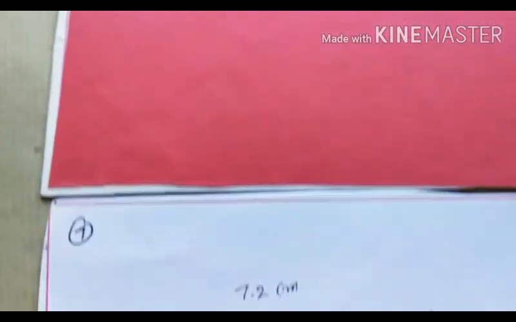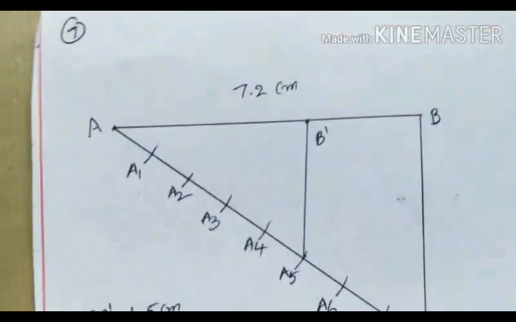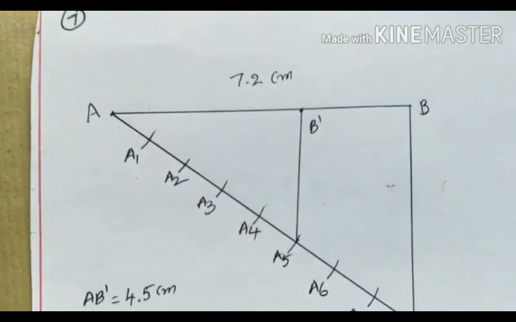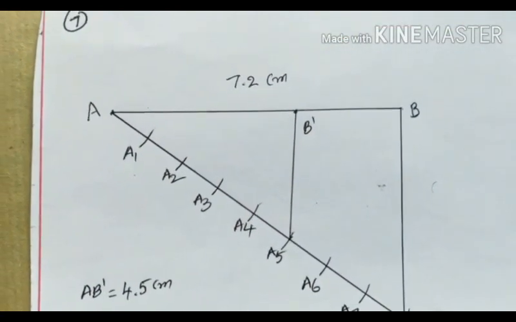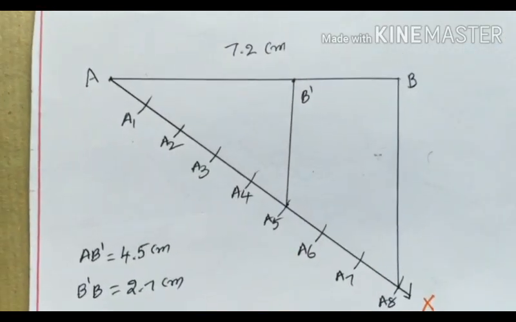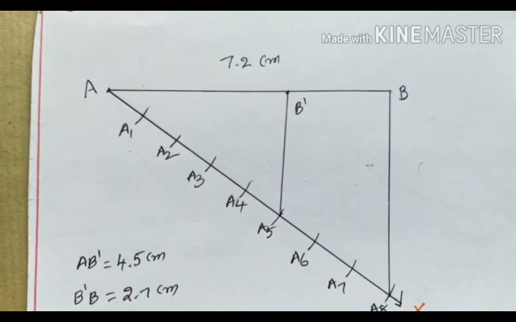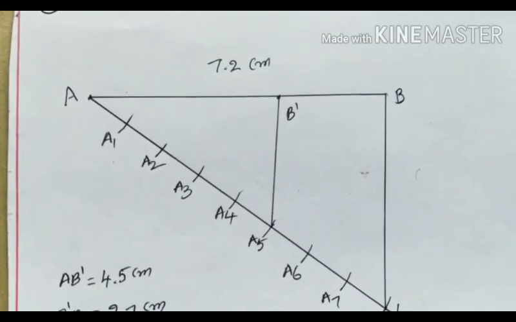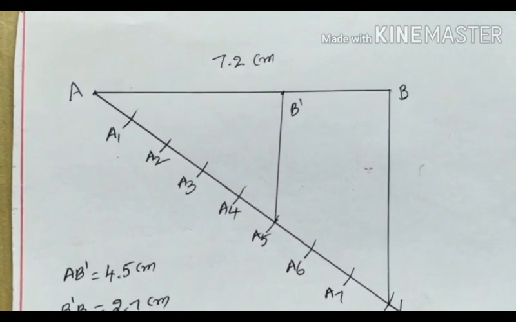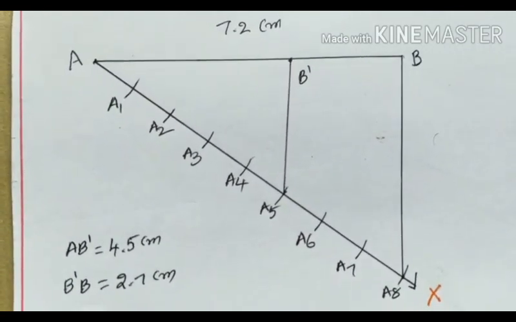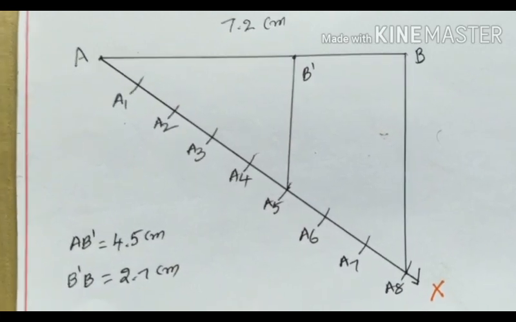measure the two parts. Here is the answer. Here we draw a line segment AB equal to 7.2 centimeters, draw a ray AX and make 8 equal parts on AX such that A1 equals A1A2 equals A2A3 equals A3A4 equals A4A5 equals A5A6 equals A6A7 equals A7A8.